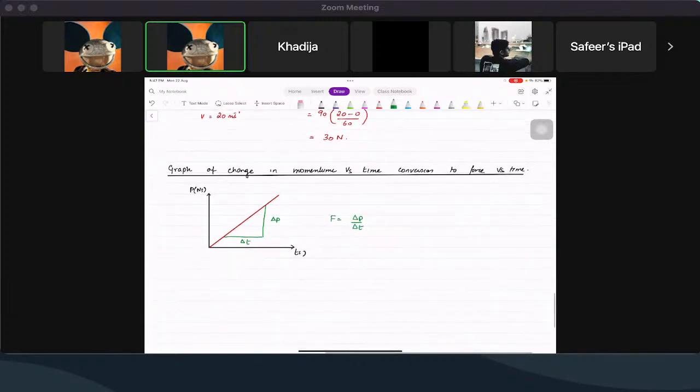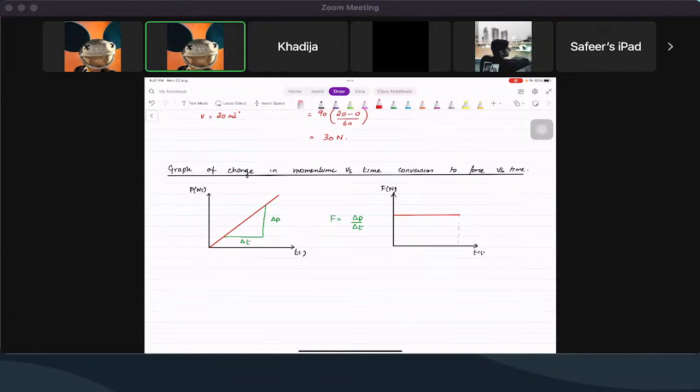Now, if they say, okay, draw a corresponding graph between force in newtons and time in seconds, because the gradient doesn't change, this line would be like this. Is it clear, everybody? Because the force is constant.